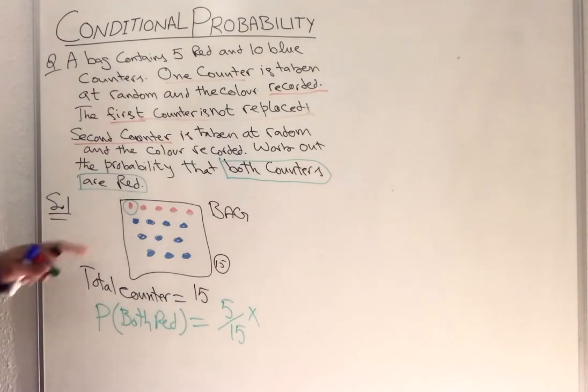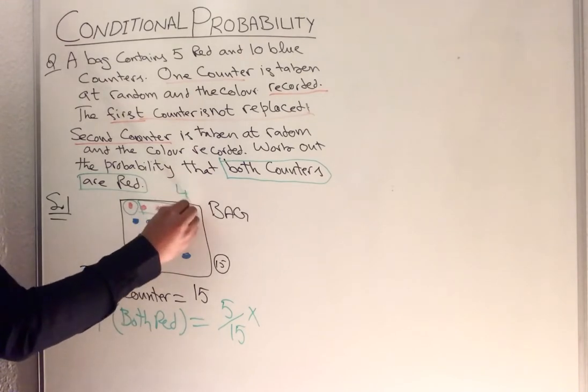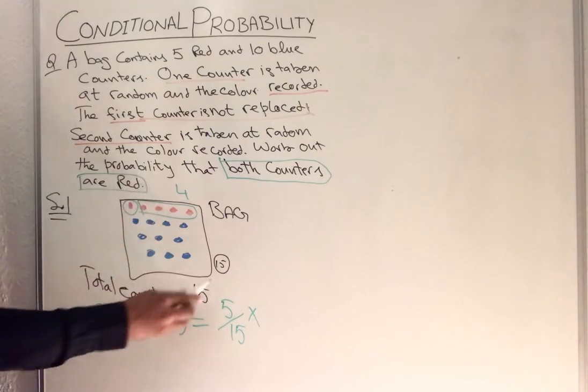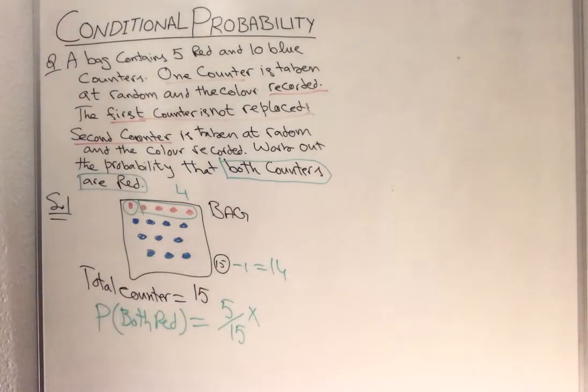times. If you take one counter out, how many red remaining then? 4 red remaining. If you take one counter out of the total, how many total left then? 14.